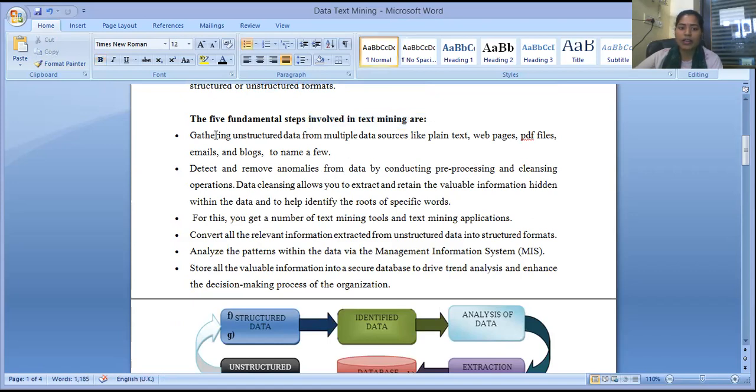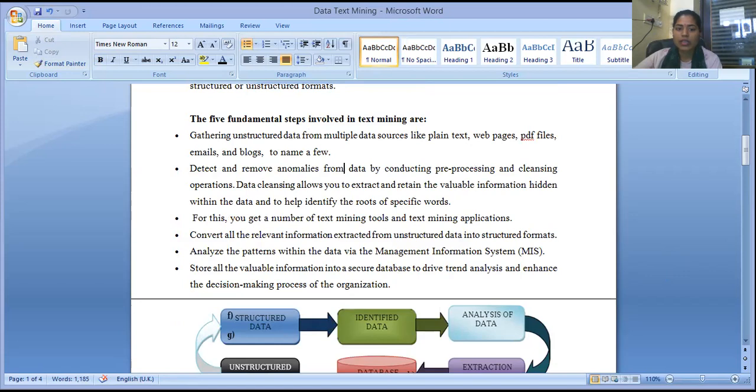Now, if we talk about the fundamental steps involved in text mining, the first is gathering unstructured data from multiple data sources, like plain text, web pages, PDF files, emails, and blogs, to name a few.